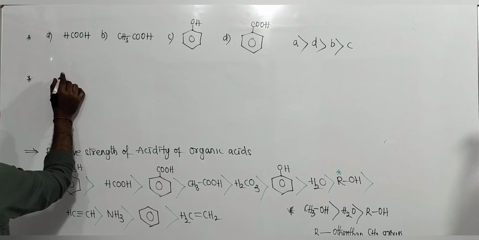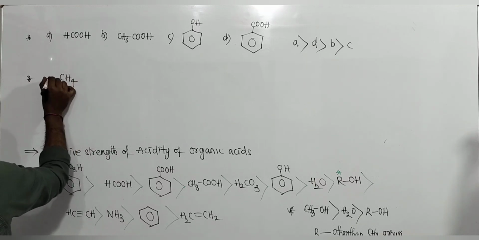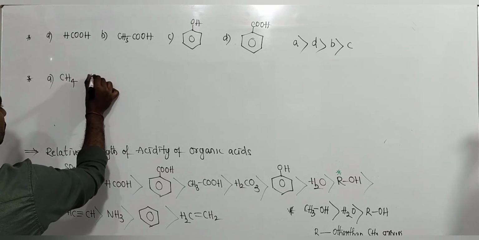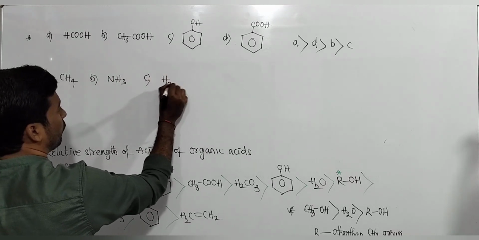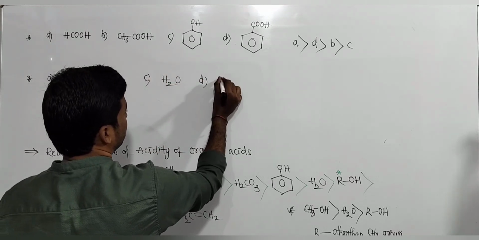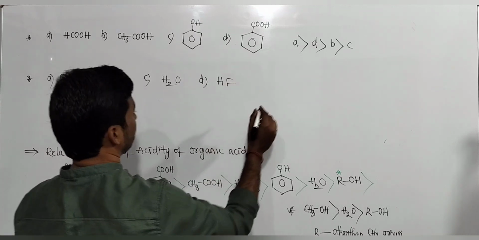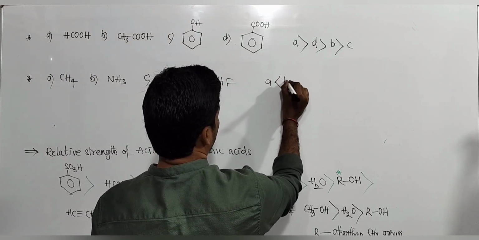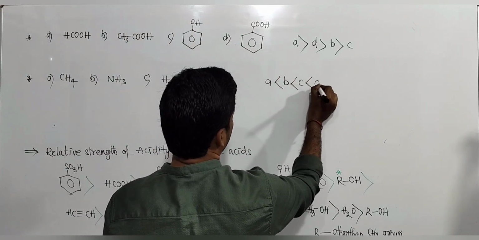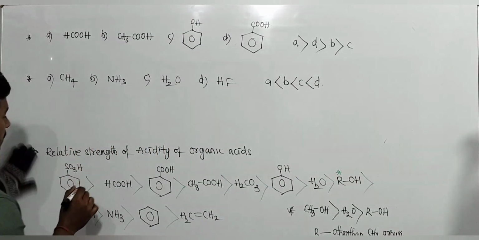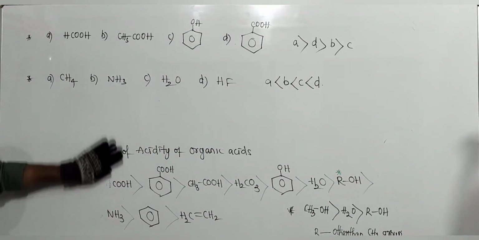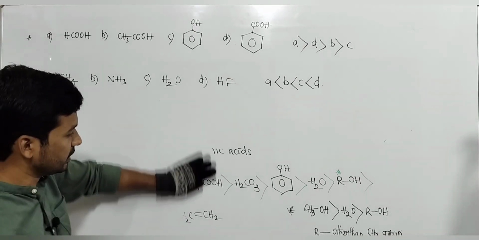Between CH4 and NH3, H2O and HF, the acidic strength follows A less than B less than C less than D, based on the stability of their conjugate bases.